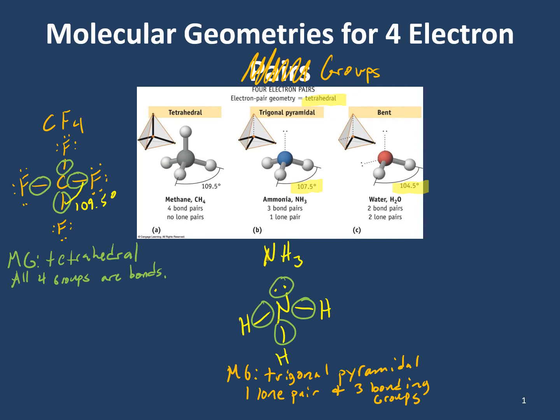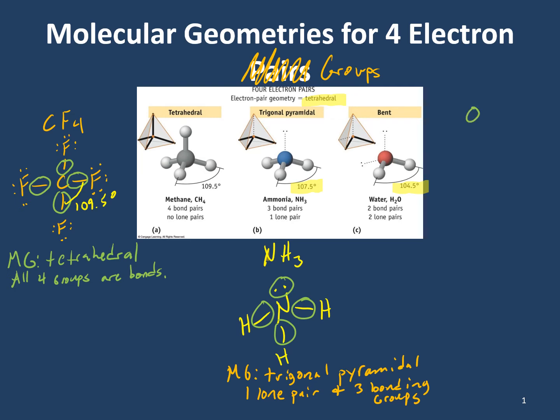Now, the last example is bent, and this is where things can get confusing between trigonal planar bent and tetrahedral bent. They are two very different shapes. So that's why I prefer to call the trigonal planar molecular geometry angular and the tetrahedral one bent, because this kind of separates the two.